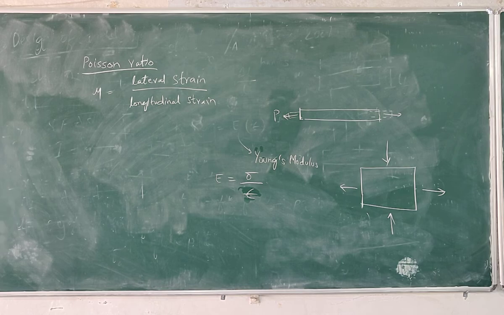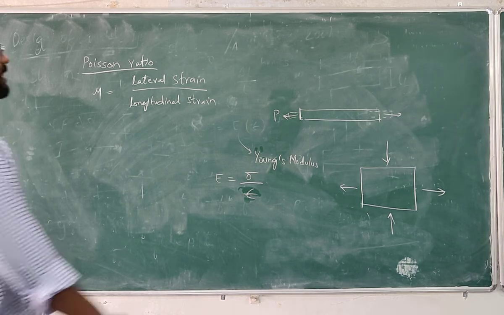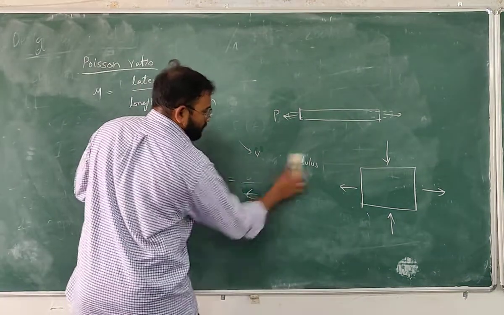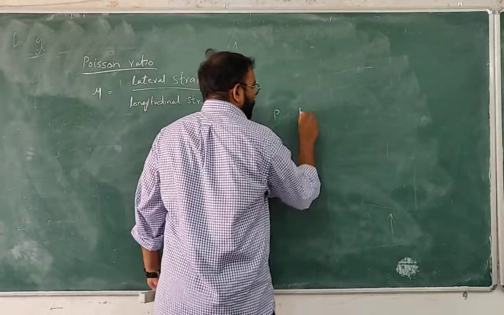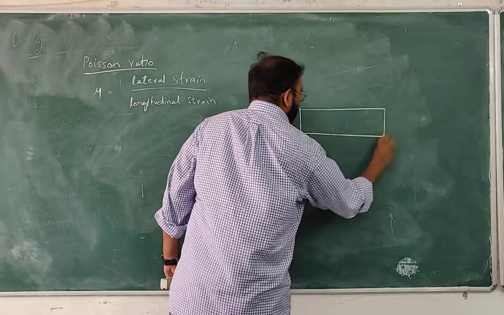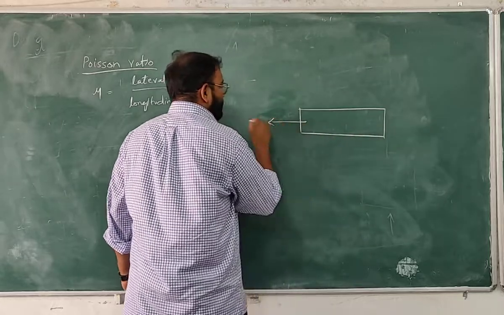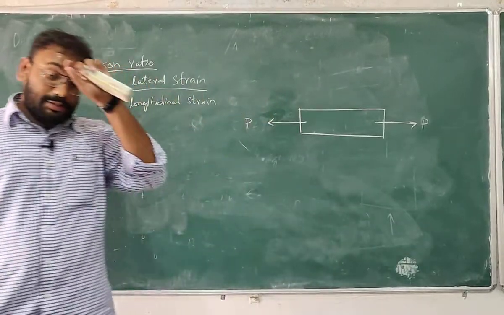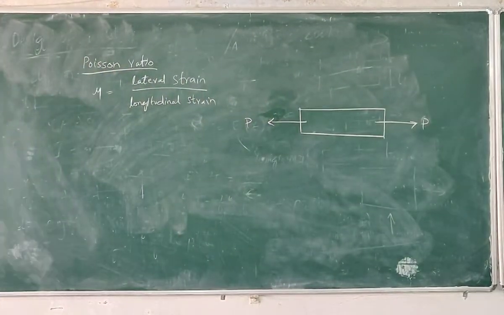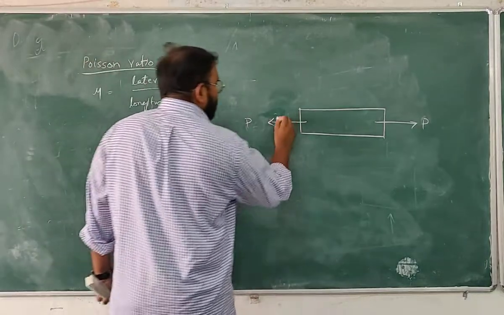Suppose you have a body which is subjected to an axial pull like this, occurring in the body such that it is elongating.